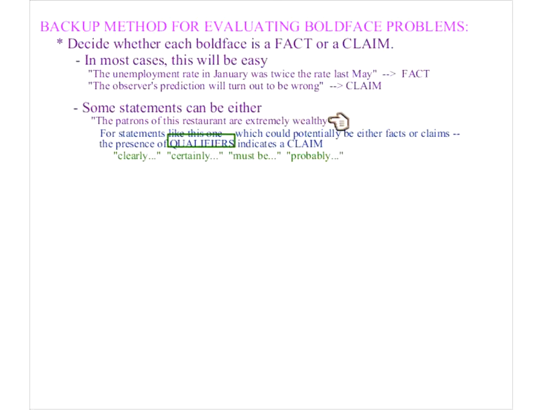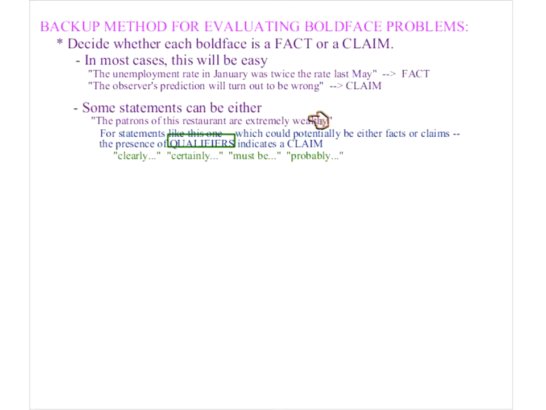Here's an example. If you go back to this up here, if you just say the patrons of this restaurant are extremely wealthy, that's probably a fact, because if you just declare that, then there must be some solid evidence for that. But if you have a passage that says the patrons of this restaurant must be extremely wealthy, that's a claim, because they're going to be making that claim based on observations.